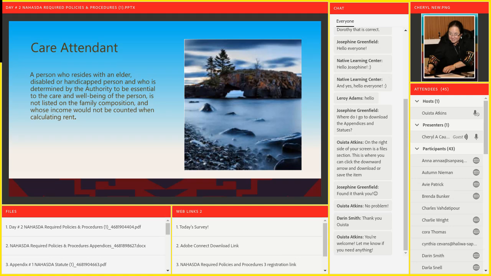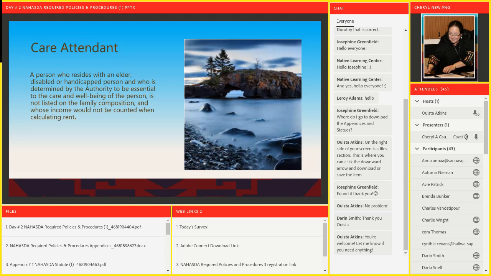A care attendant is a person who resides with an elder, disabled, or handicapped person who is determined by the authority to be essential to the care and well-being of that person. They're not supposed to be listed on the family composition. This should not be someone who will take over the unit upon the death of the person they're caring for. So it's really not the daughter or the son being the care attendant.